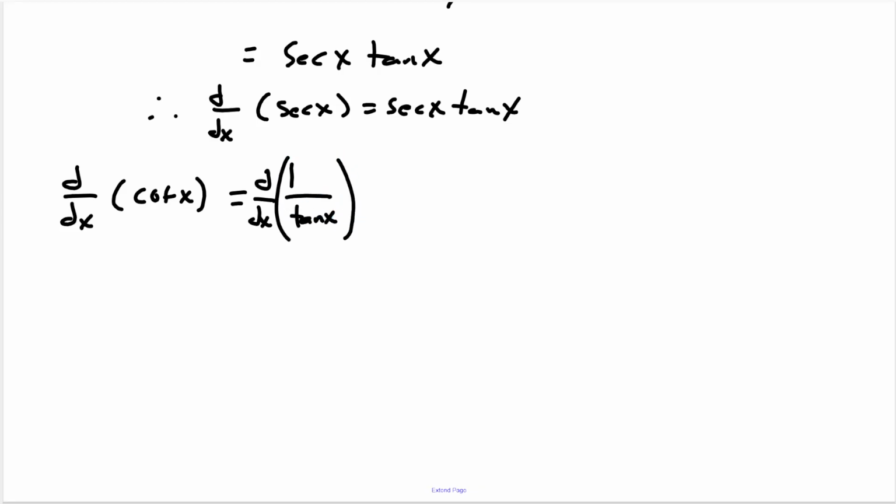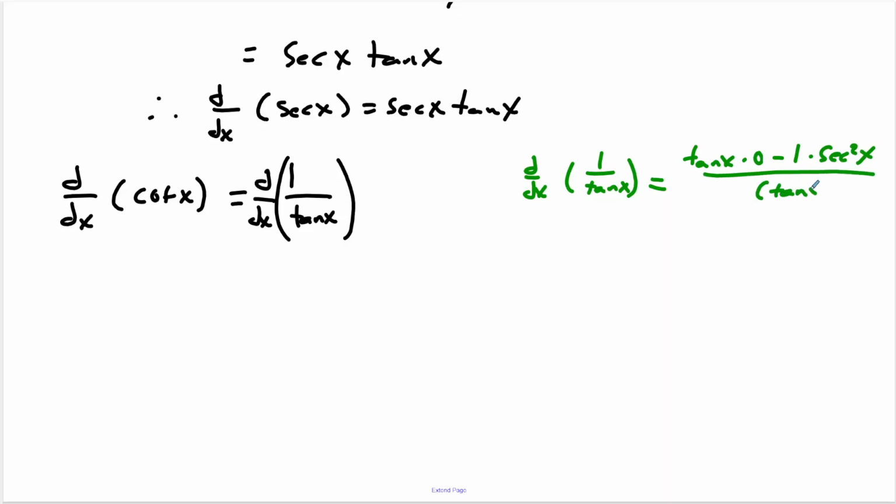Now, one thing you may have noticed here is that if you do d dx of 1 over tangent of x, you could still use the quotient rule. You could do bottom times the derivative of the top, which is 0, minus top times the derivative of the bottom, which is secant squared x, all over tangent of x squared, and simplify.